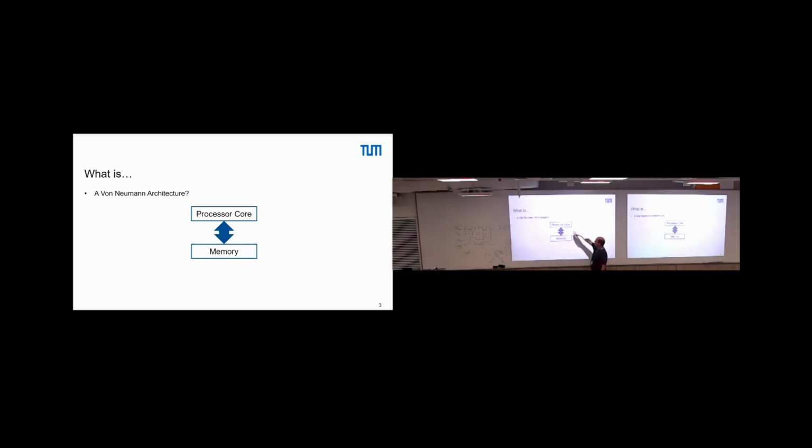Von Neumann and Harvard architecture is actually about how control and data information are put into and managed in the memory. For the von Neumann, you have control signals and data in the same memory, everything shared.